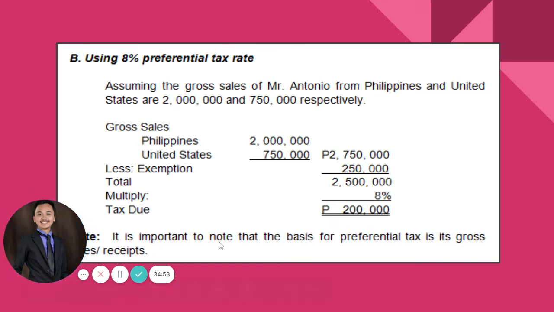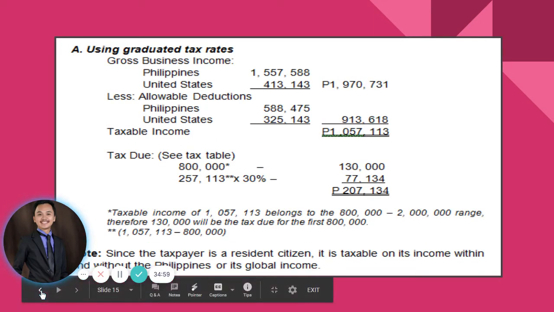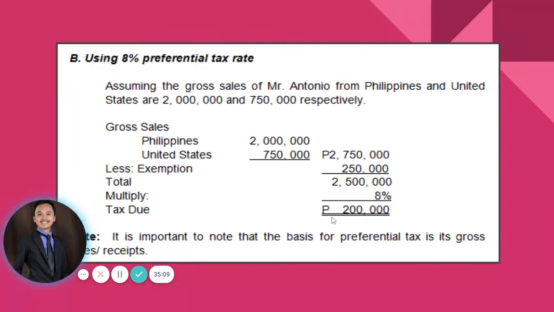Okay? Now, this time, let's compare daw the tax due of the taxpayer using graduated and preferential tax rate. Using graduated, it will pay 207,134. Using 8%, it will pay 200,000. So this is actually an example also of tax avoidance, legal means of escaping tax.